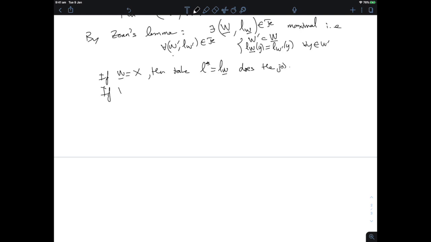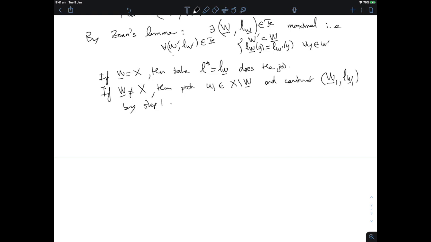Now, if it's not the whole set, well, then we can extend it by step 1. Then we pick a w1 that is in X but not in W bar, and construct W bar 1, LW bar 1 by step 1.